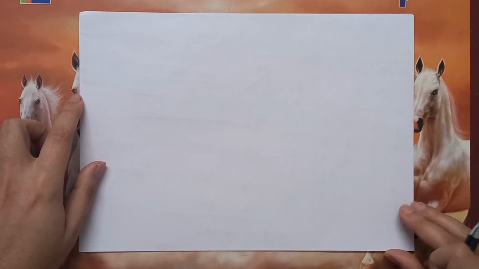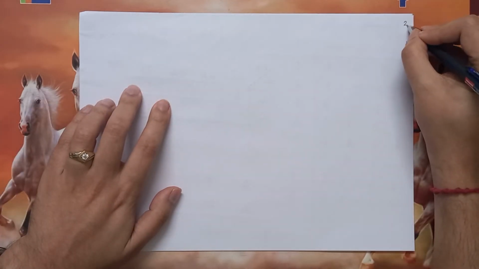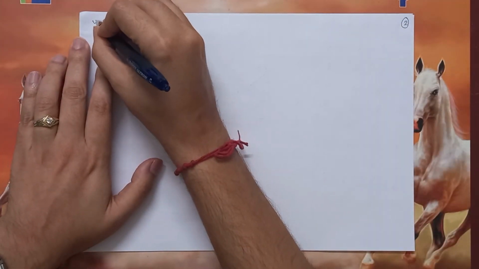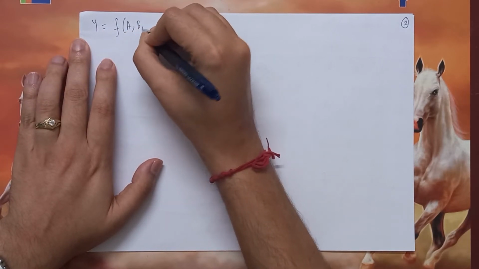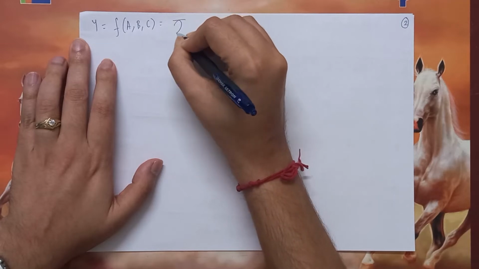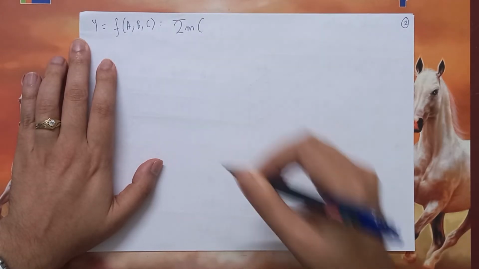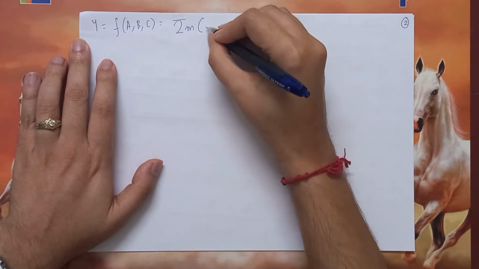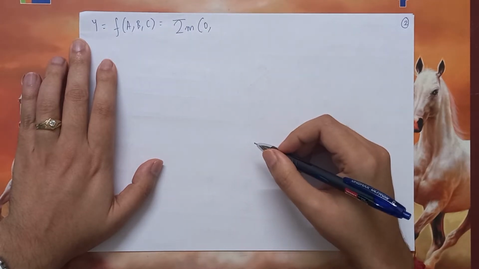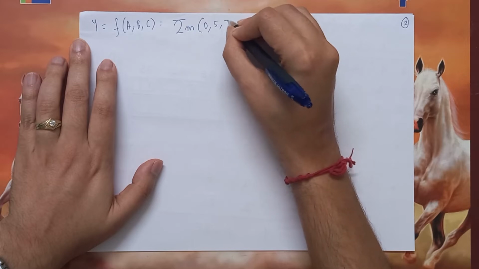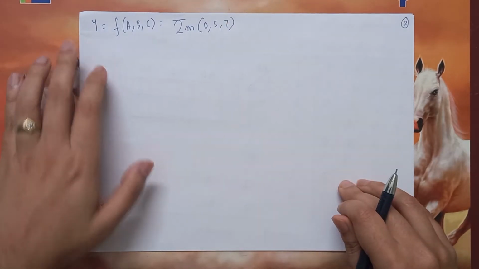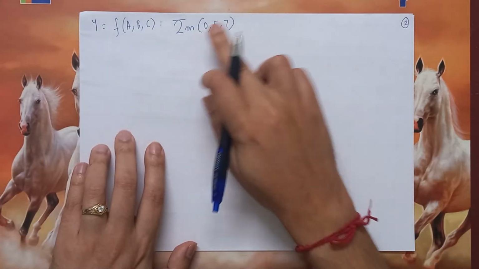Let's say Y has the minterms at 0, 5 and 7. That means only in these places we have a 1.